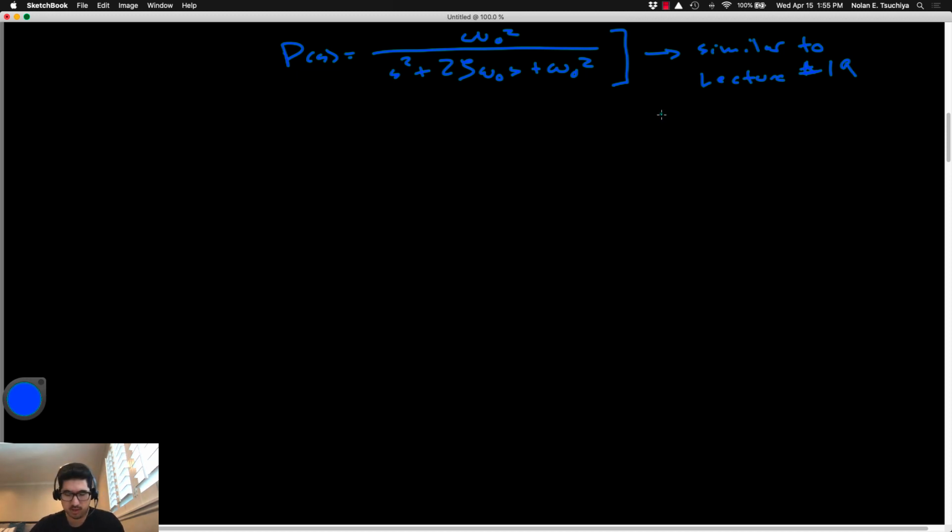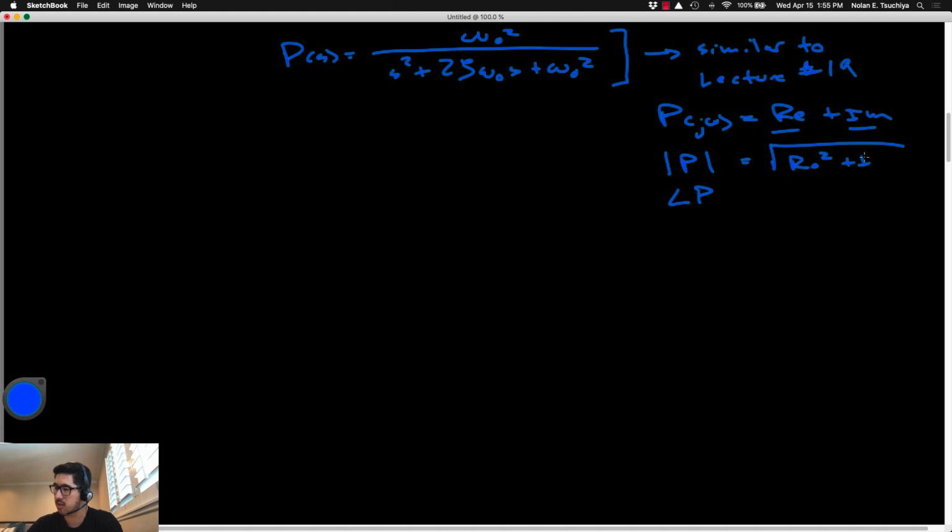as a real part plus an imaginary part, and then from there we were able to derive the magnitude and phase functions using these terms. So the magnitude would be, using the Pythagorean theorem, real squared plus imaginary squared, and the phase would be the arctangent of the imaginary part over the real part, right?